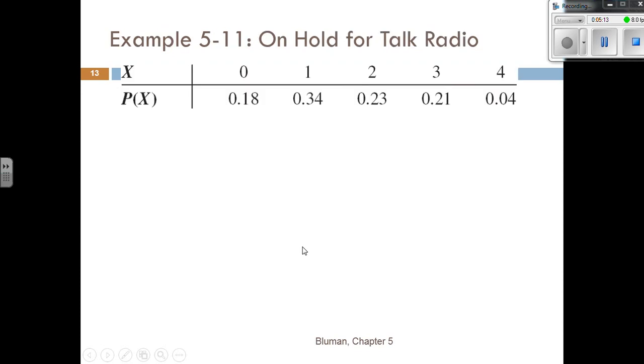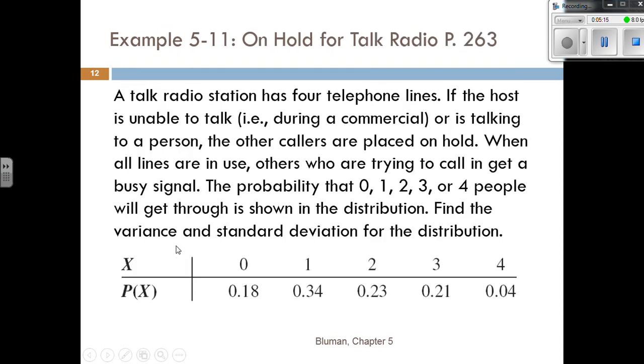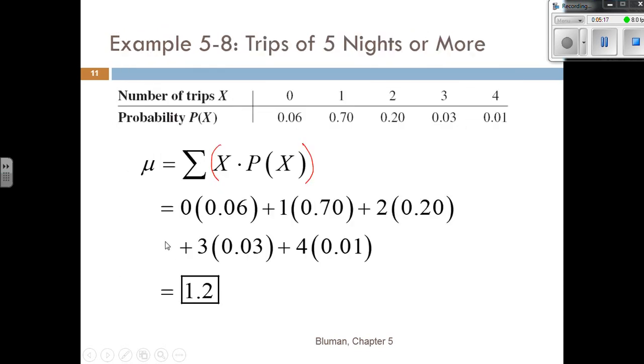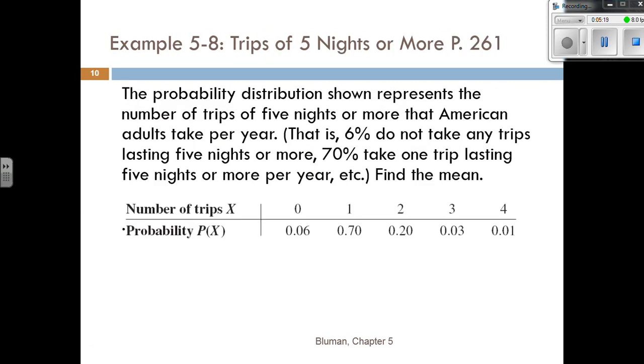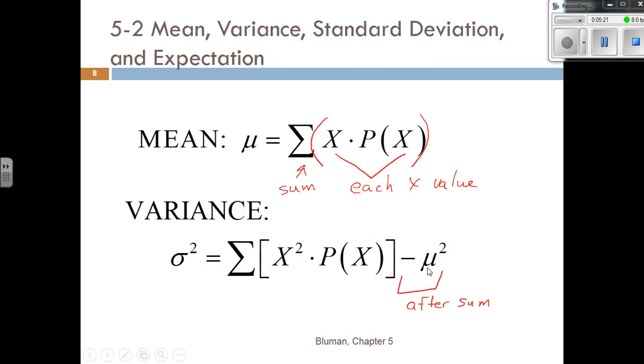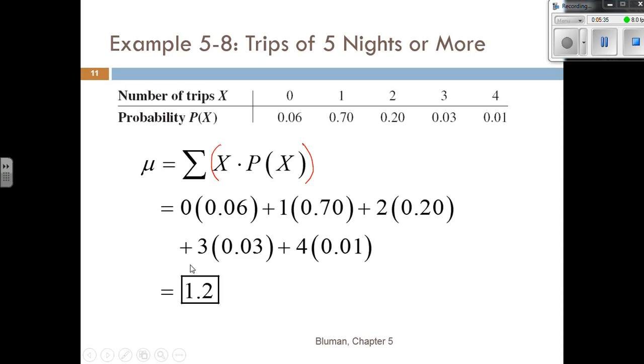Now, in order to find the variance, you have to have the mean. So if we go back to the formula, remember you have to have the mean. Remember your standard deviation, we should add that. Your standard deviation is just sigma. So it's just whatever this is, not squared. It's the square root of this. Okay.